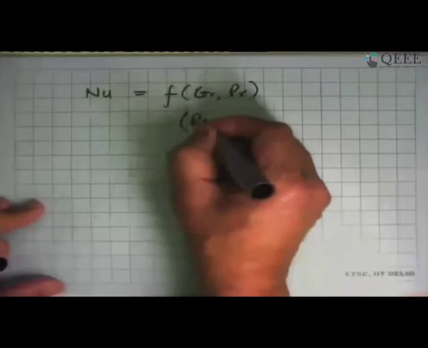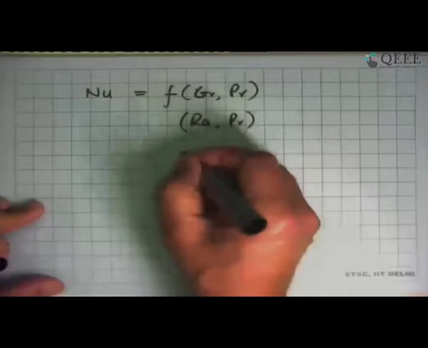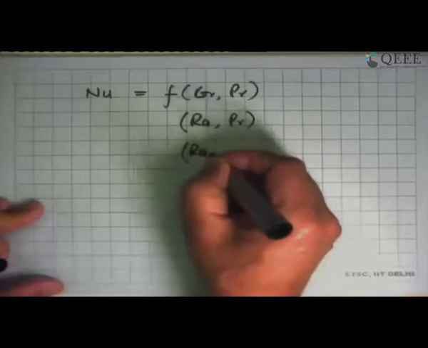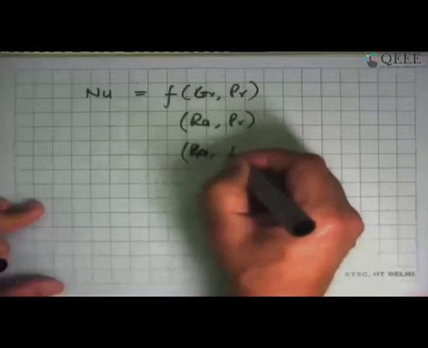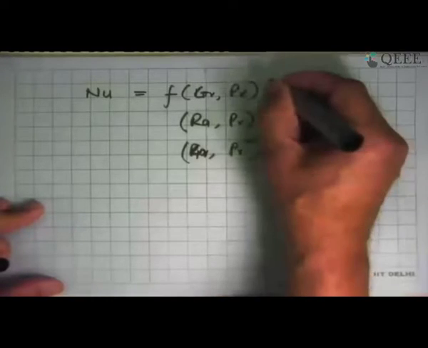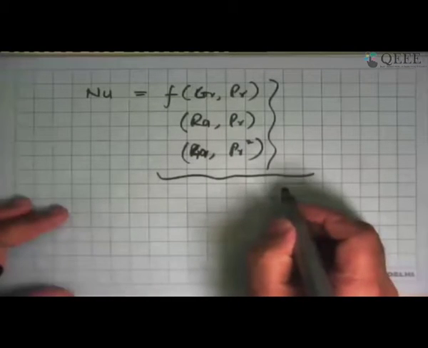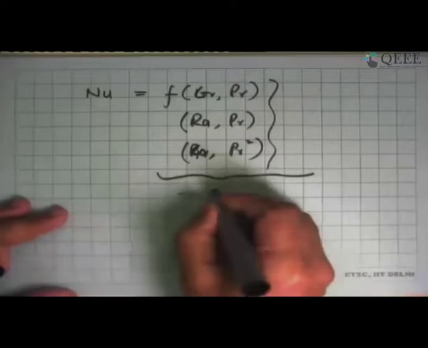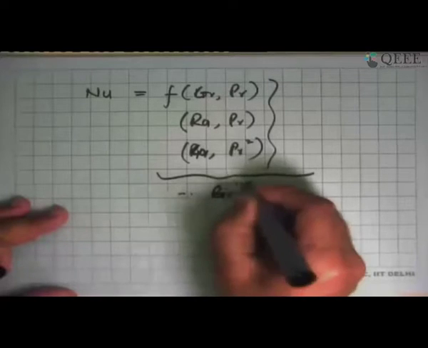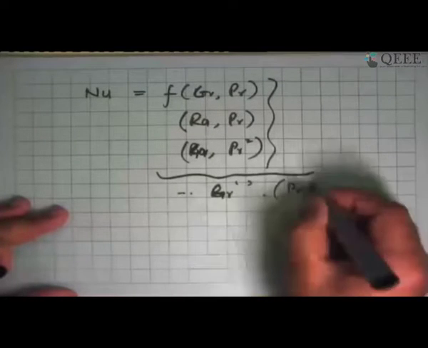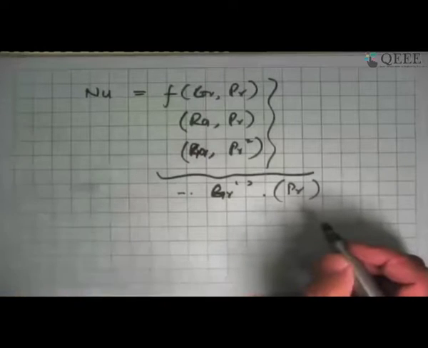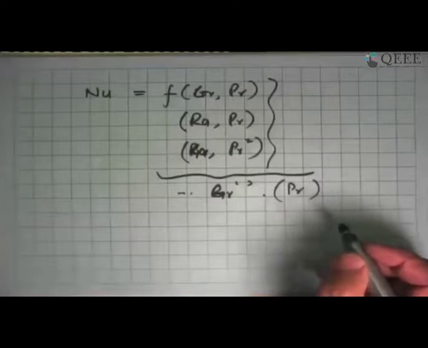In some cases, maybe Rayleigh number into Prandtl number, or Rayleigh number or Grashof number into Prandtl number squared. Essentially, all these correlations have something like a Reynolds number, a Grashof number to some power, into Prandtl number functions, which could be much more complicated than what we had in the case of forced convection.